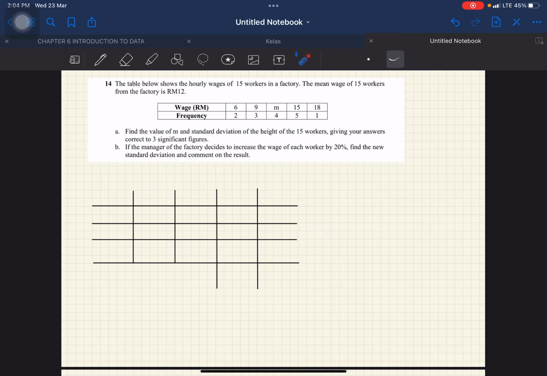In my answer in the previous class, I said you cannot just multiply the old standard deviation to get the new one, for example S new equals 1.2 times S old. I remember saying that you cannot do it like that.